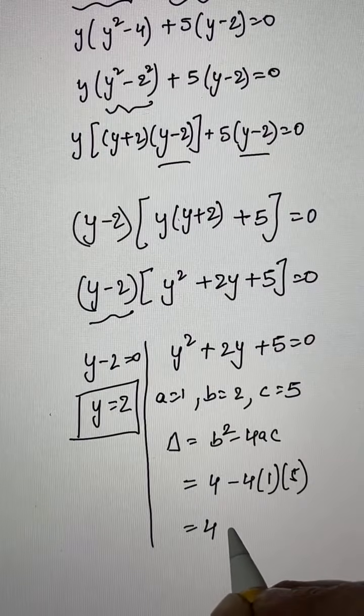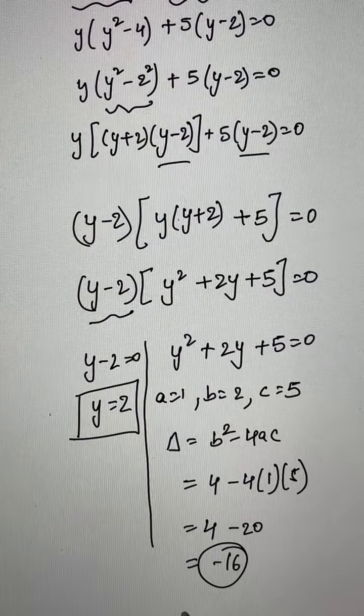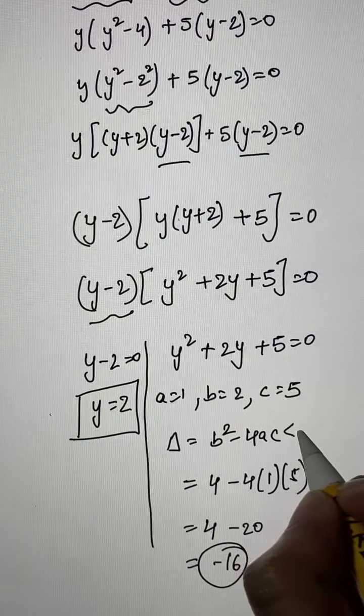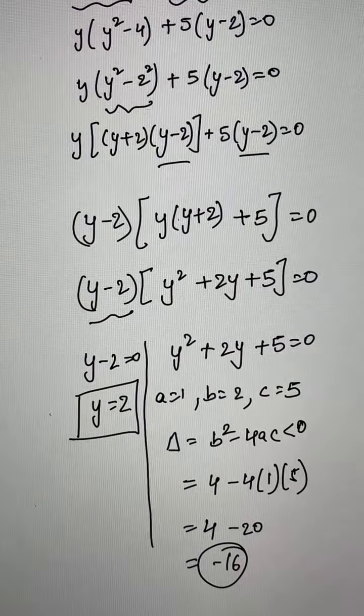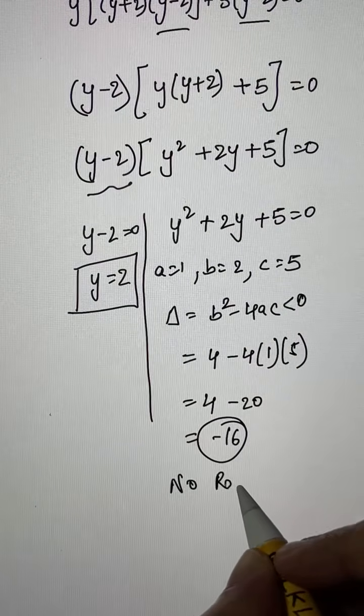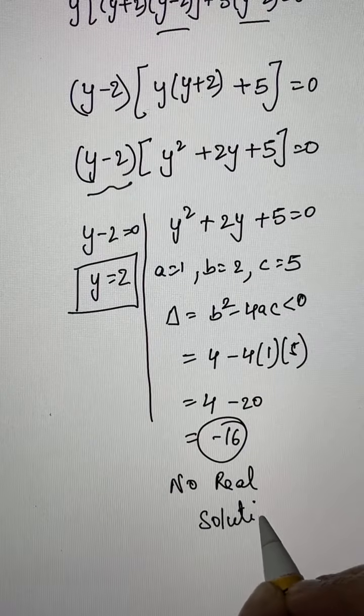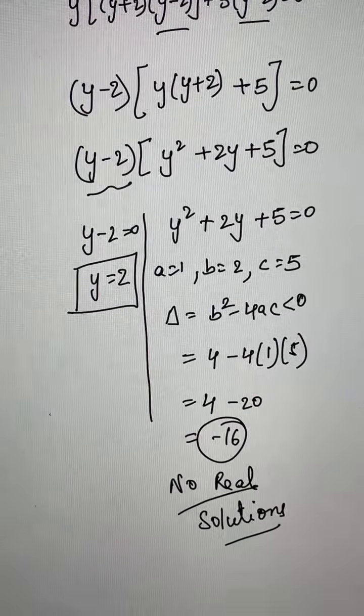So that's equal to 4 minus 20, and that's negative 16. So it's a negative value which is lesser than 0. It means it doesn't have real roots. No real solutions, complex solutions for this part.